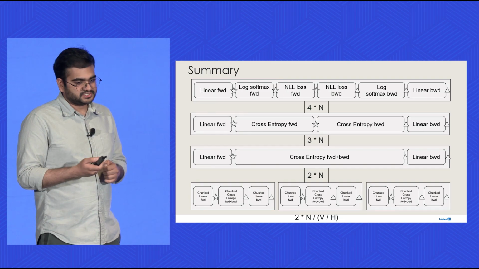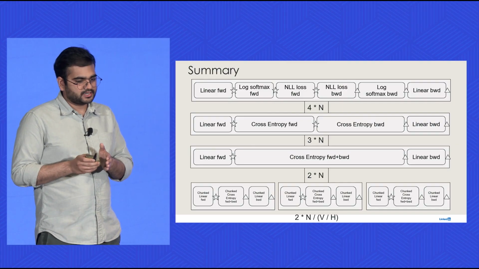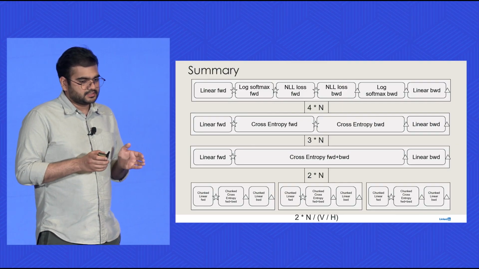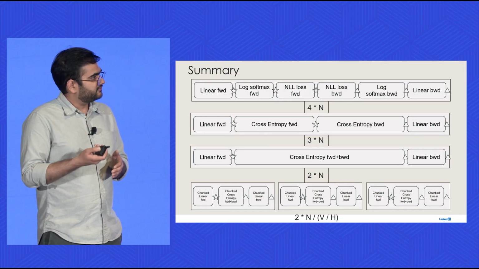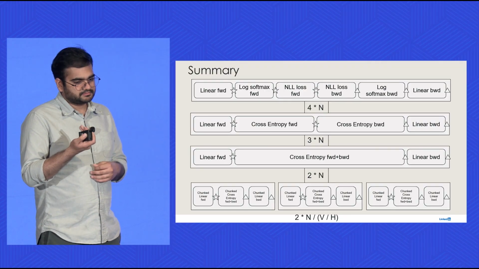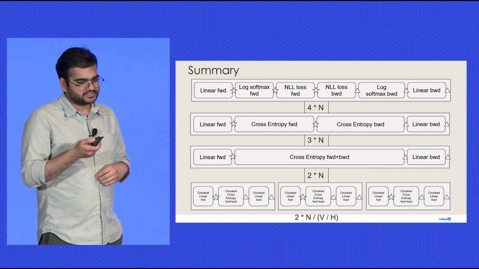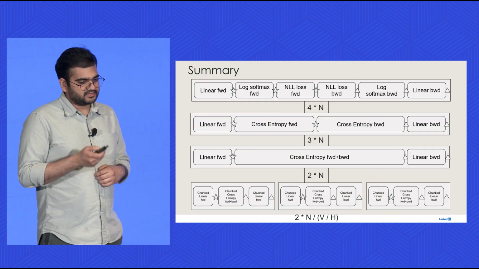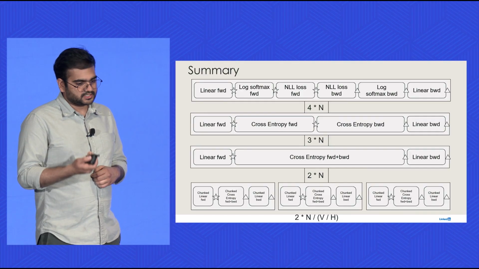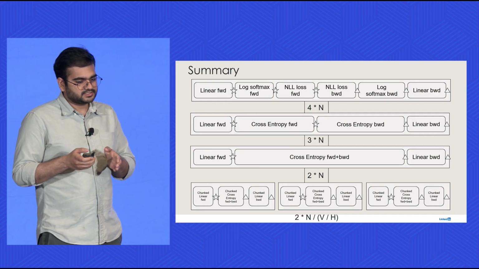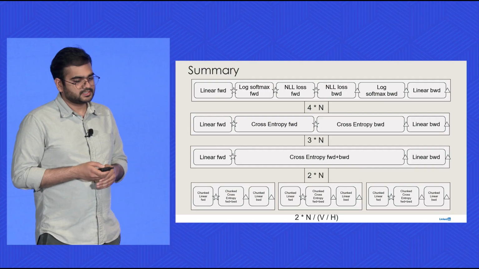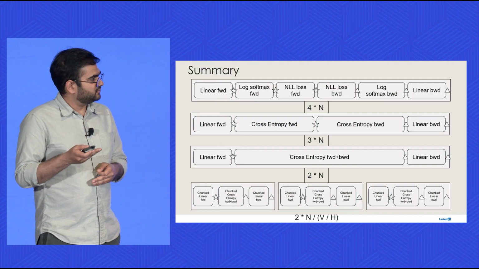Then the second optimization is combining the forward and the backward kernel into a single kernel, so we get the cross entropy forward plus backward. At this step, we have almost reduced the initial peak memory usage by a factor of half. And the final optimization is chunking, which further reduces this by a factor of V over H. So the final peak memory that we're getting is 2n divided by V over H.